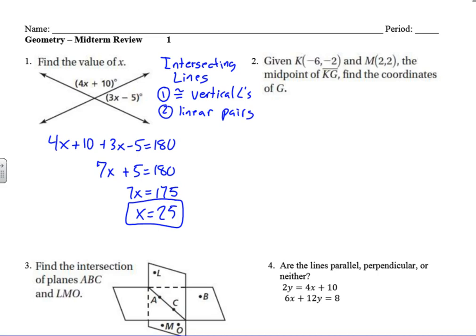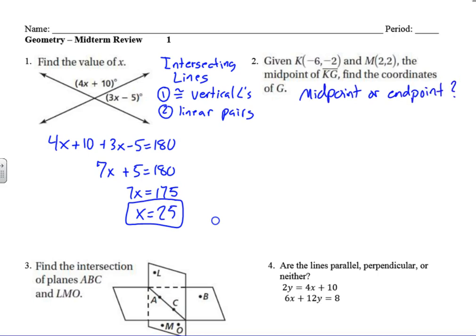Question 2, given K is (-6, -2) and M is (2, 2), the midpoint of KG. Okay, find the coordinates of G. So the key thing to recognize in this is, am I looking for a midpoint, or am I looking for an endpoint?